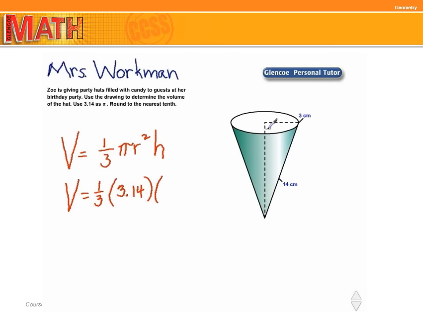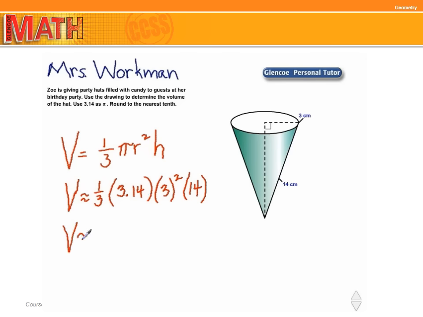For r, we'll use 3, and for h, we'll use 14. Now I'm going to go back and erase this equal sign, and in its place I'm going to put this symbol, which means approximately equal to, because we're using an approximation for pi, the 3.14.